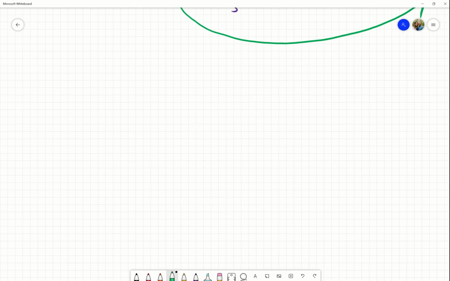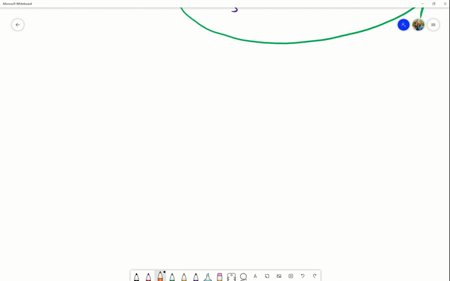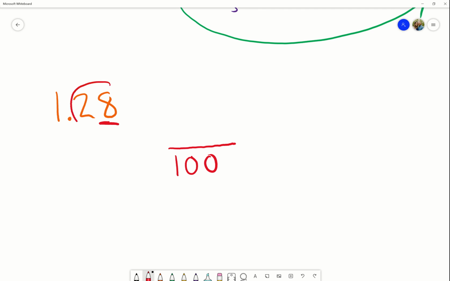Okay, well, what about a decimal that looks like this? 1 and 28 hundredths. Well, again, my last digit here is in the hundredths, so my denominator will be 100. And then 128, because I don't care about my decimal point.